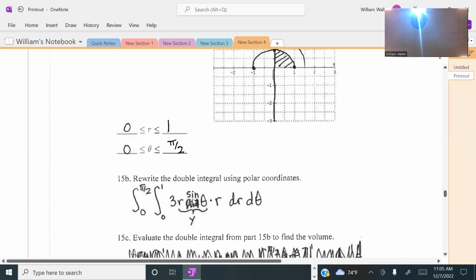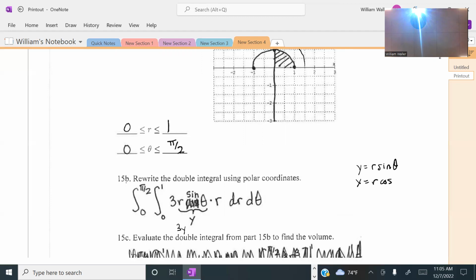Now, what does the integrand look like? Remember, the original integrand was 3y. But what does y look like in polar coordinates? Y is r sine theta, and x is r cosine theta. So we just have to take that y and write it as r sine theta.